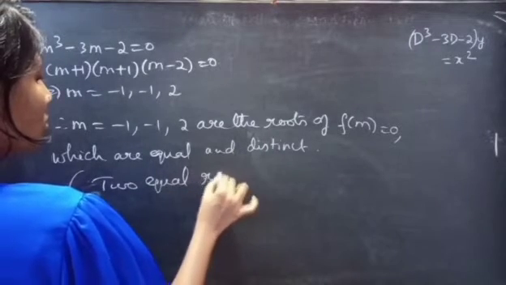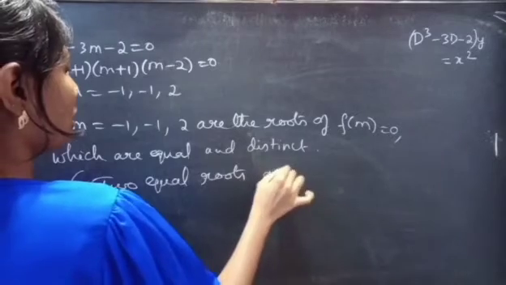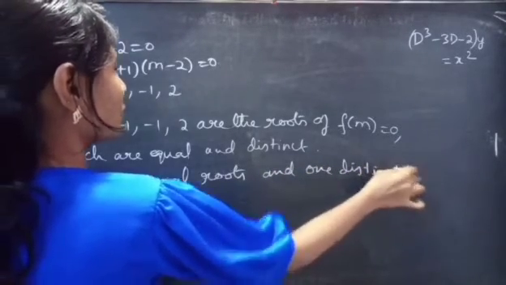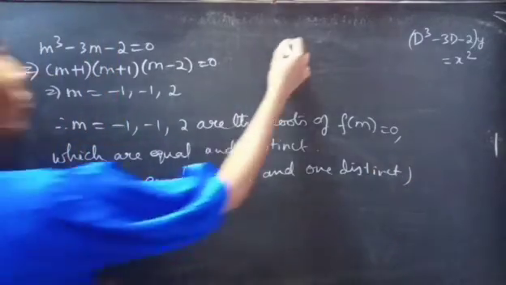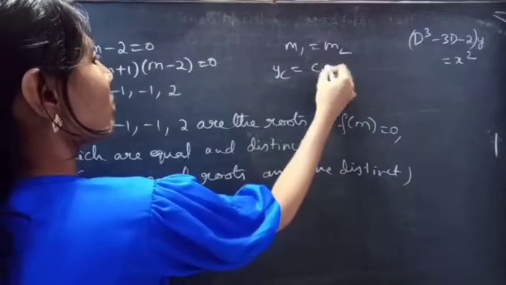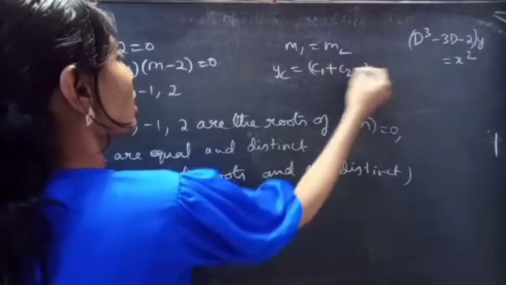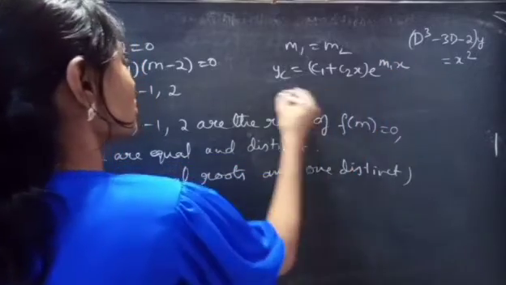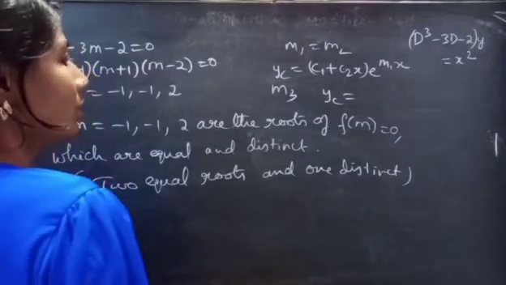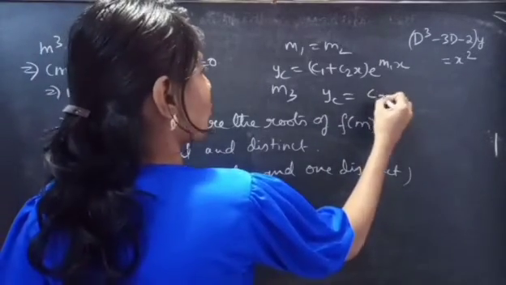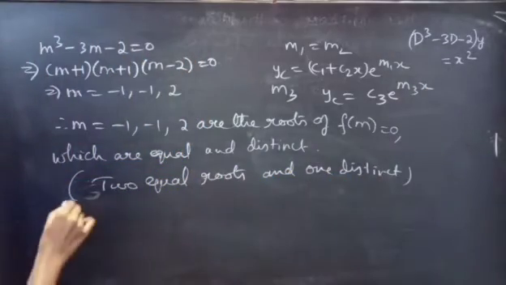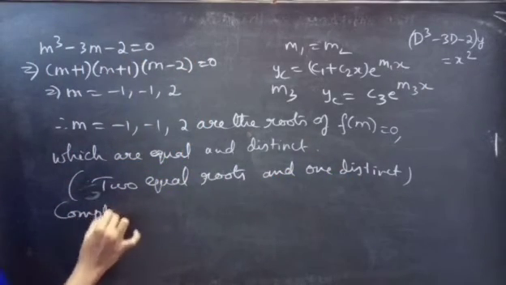Two equal roots and one distinct root. We know that when two roots are equal, m1 equals to m2, then our complementary function will be c1 plus c2x into e power that equal root into x. If we have a distinct root, then our complementary function will be another constant into e power the distinct root into x.